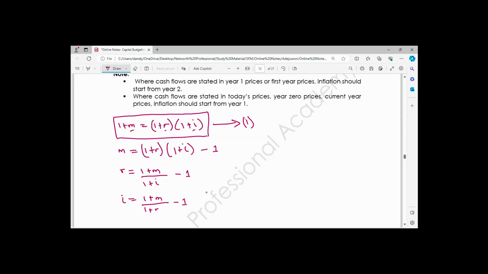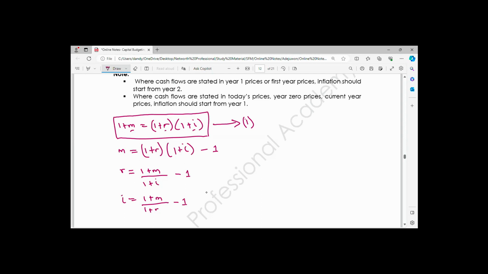Now, there's one more important thing we need to discuss before we end inflation: the impact of inflation. There are general rules that you must apply whenever you want to incorporate inflation into your cash flows.